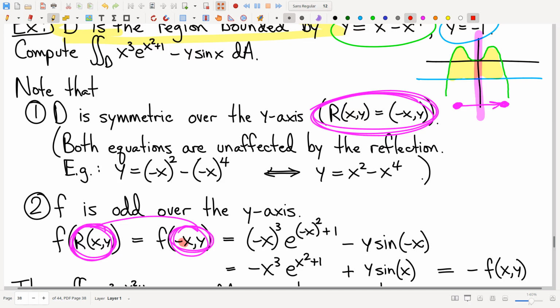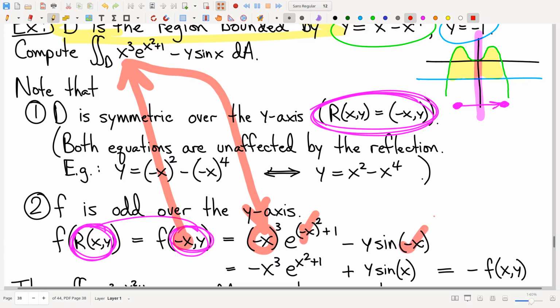So this negative x makes that a negative x, and likewise, of course, here and there. Is that cool?